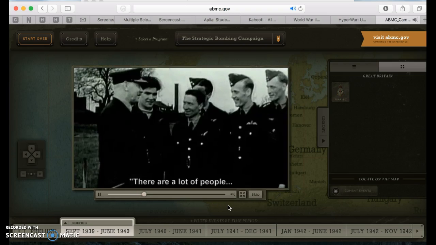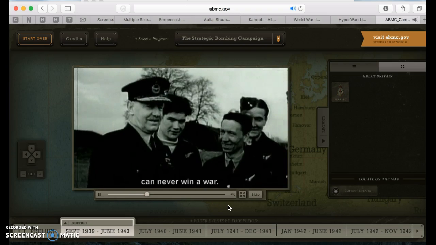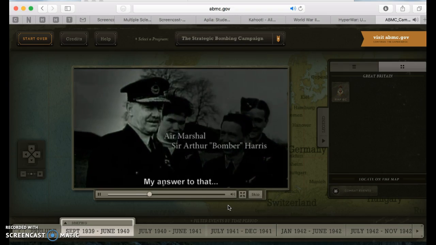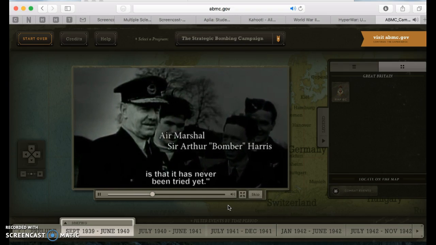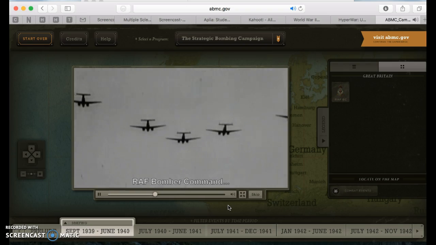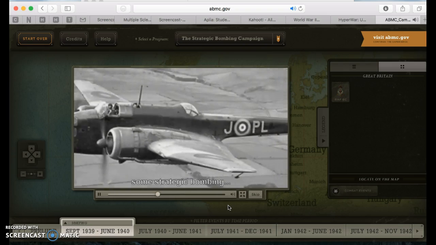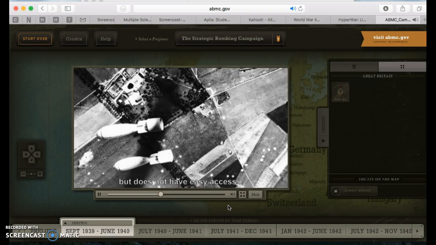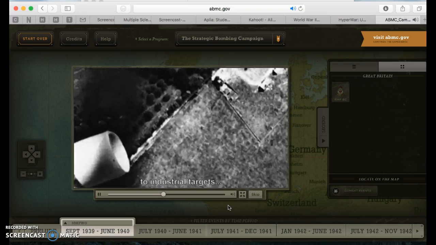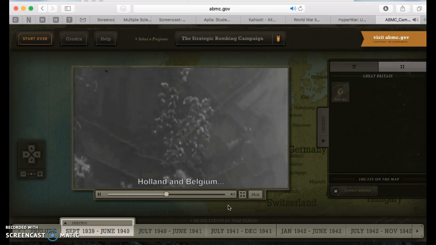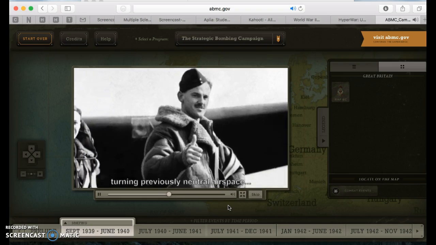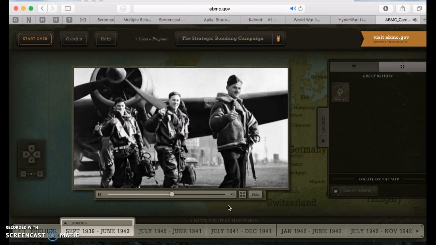There are a lot of people who say that bombing can never win a war. My answer to that is that it has never been tried yet. RAF Bomber Command does attempt some strategic bombing, but does not have easy access to industrial targets until Germany overruns Holland and Belgium, turning previously neutral airspace into the war zone.